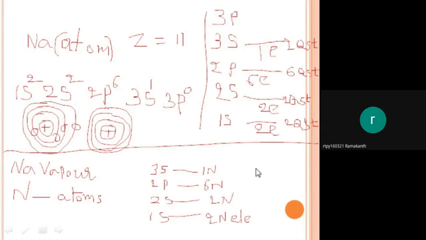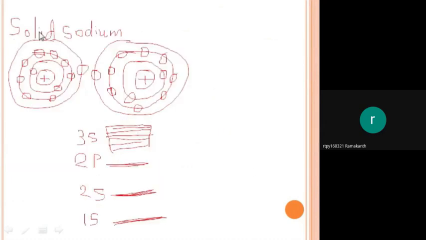Then if you cool the sodium vapor, it becomes a solid. If you take solid sodium, the atoms come closer and closer, very close. So electrons of one atom interact with the nucleus of the other atoms. Here the electron interaction changes.